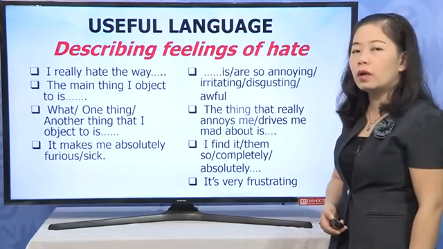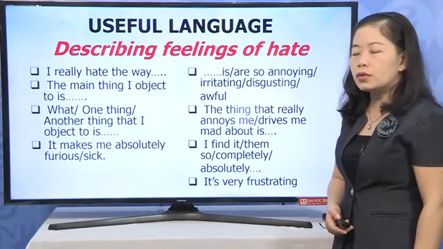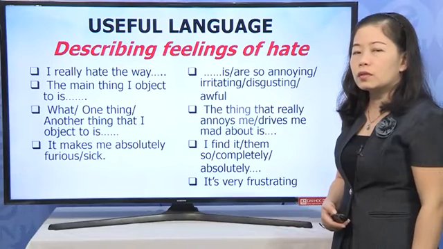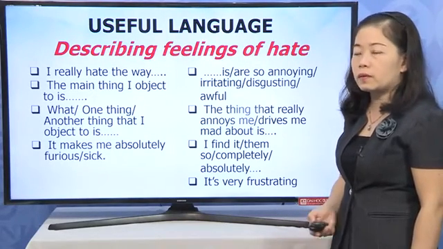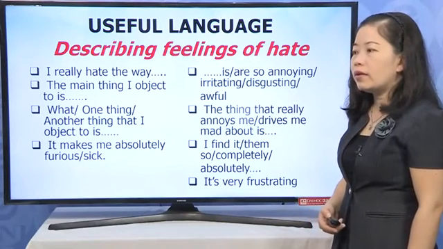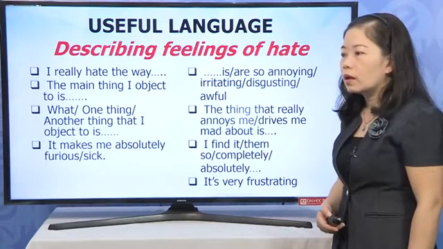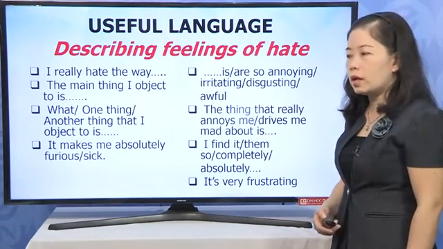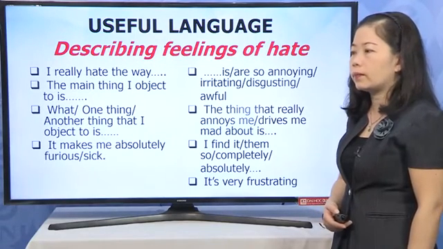And here is the useful language for you when you want to present your rants to your partners or group mates. If you want to describe your feelings of hate, you can use the following structures. For example, I really hate the way, the main thing I object to is, what I object to is, or it makes me absolutely furious or sick.